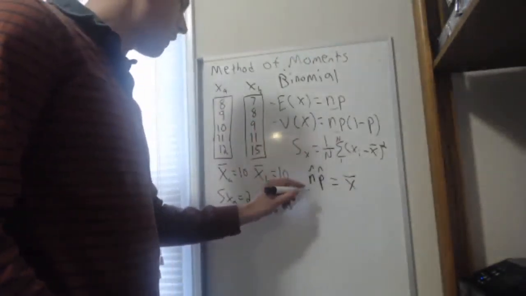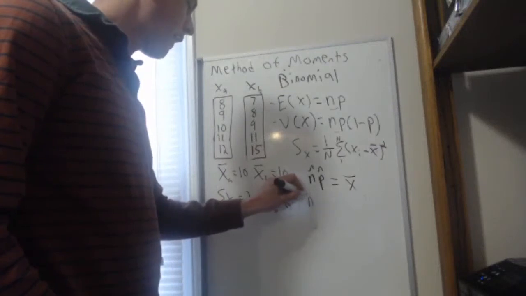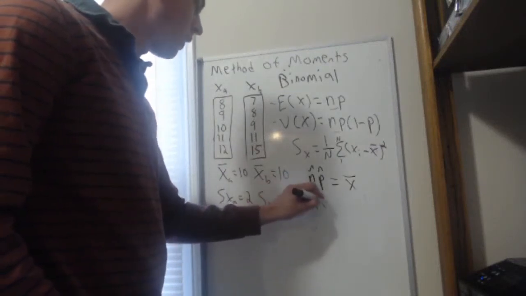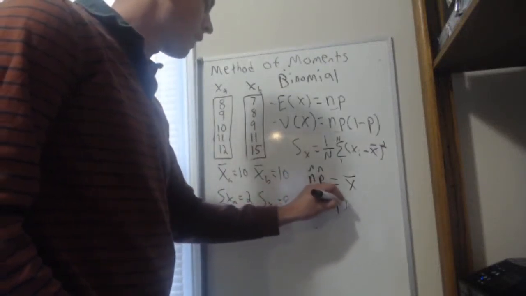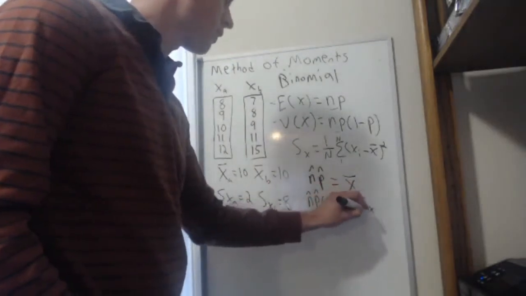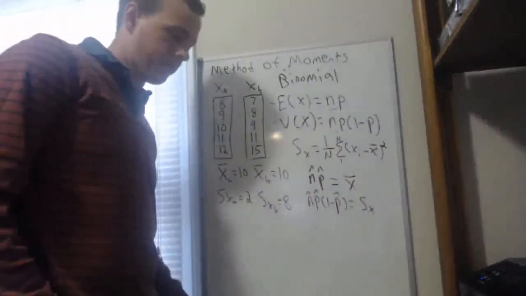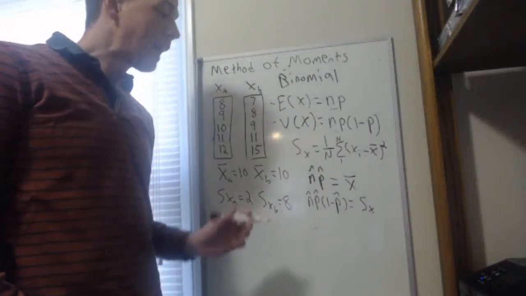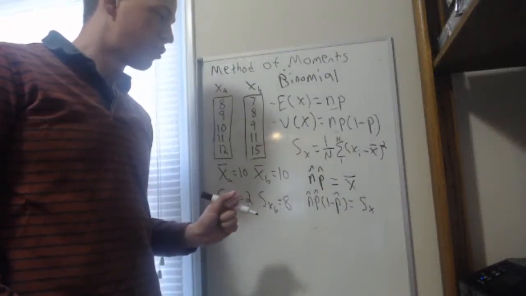So we're also going to say that n hat p hat times 1 minus p hat equals our sample variance. And now it's just going to be a matter of plug and chug.